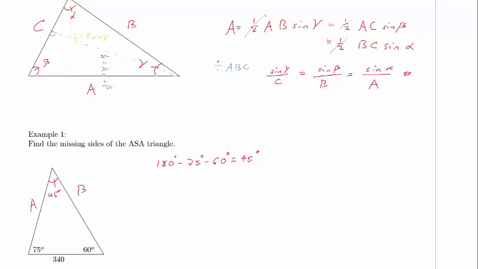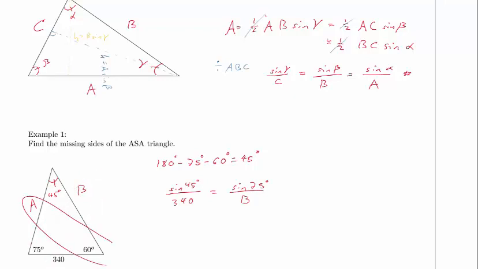Okay? So now we go ahead and use our equation. Sine of 45 over 340, right? We're just relating opposite angle to opposite sides, which equals this guy now, sine of 75 degrees divided by our unknown side b.